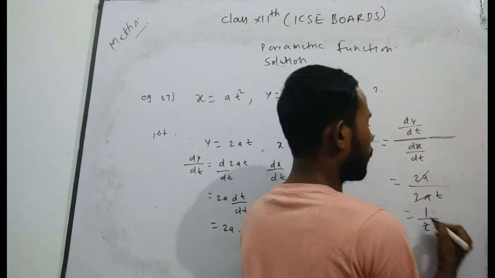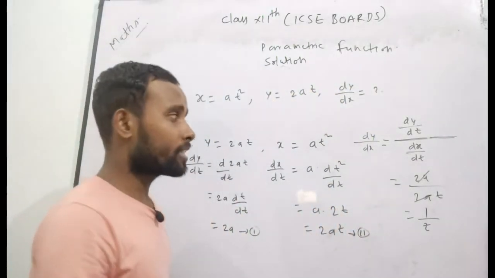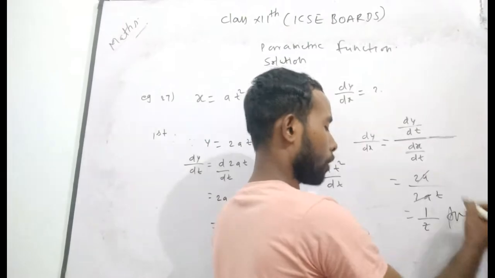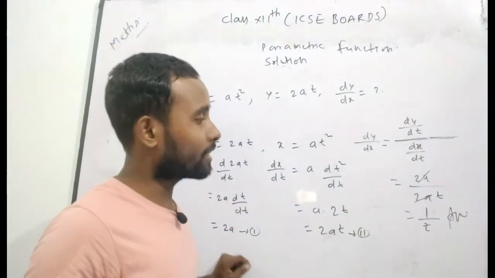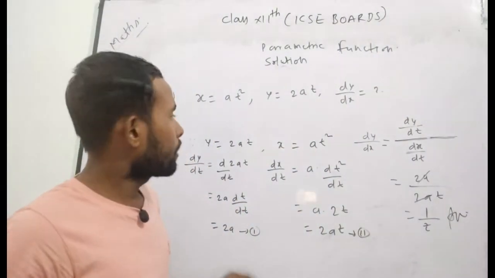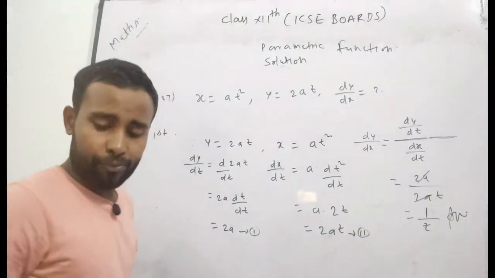Finally you will get 1 upon t, which is the required answer of this question. I think you understand very well. Now, this is your general method, the first method.